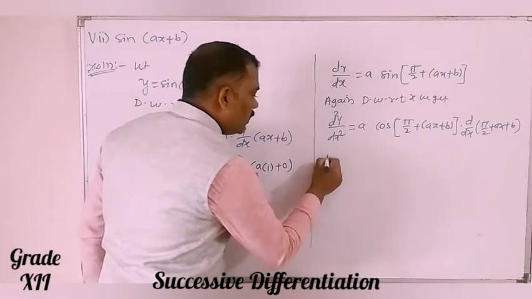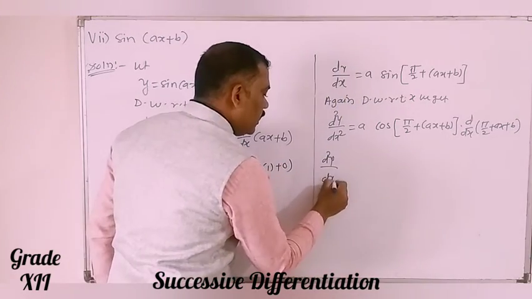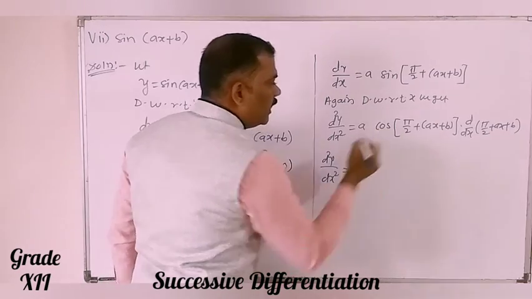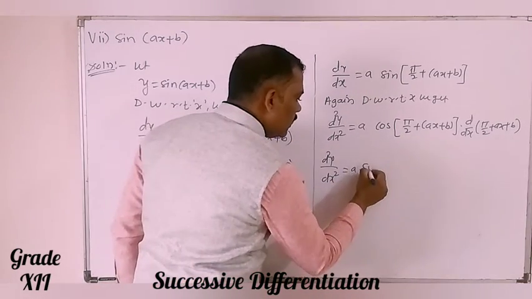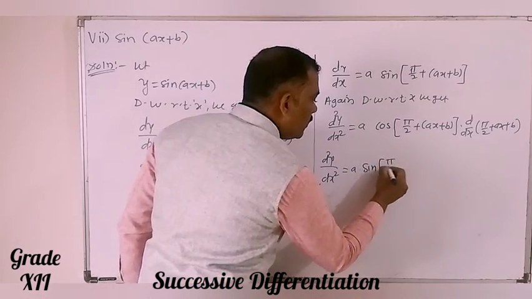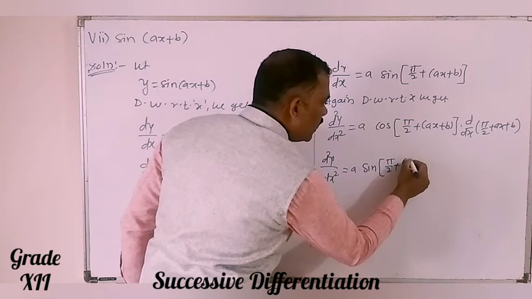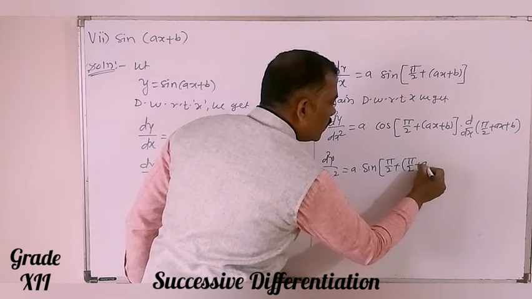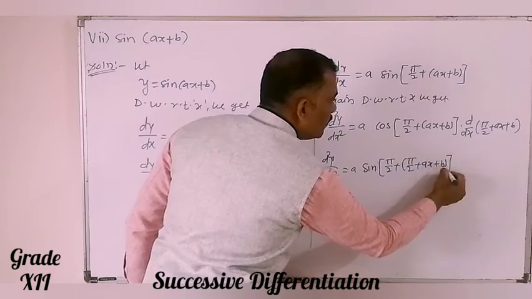That is d2y by dx square is equal to a into, we can write this cos in terms of sin, that is sin of pi by 2 plus this angle, pi by 2 plus ax plus b.